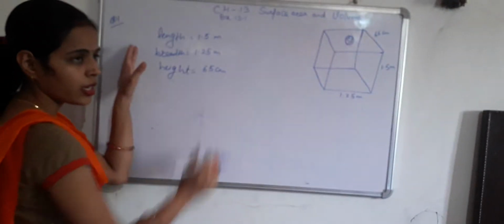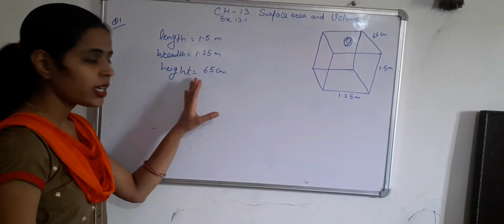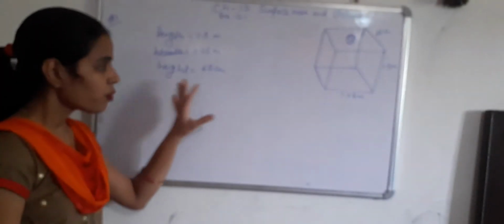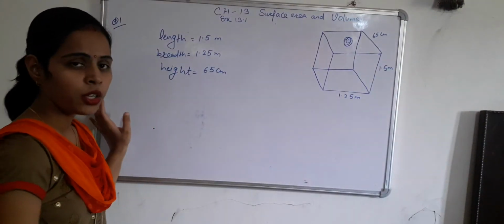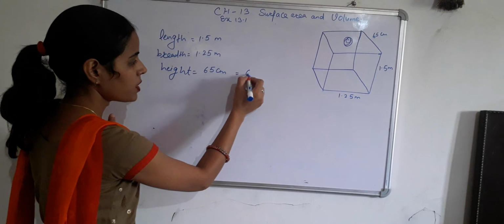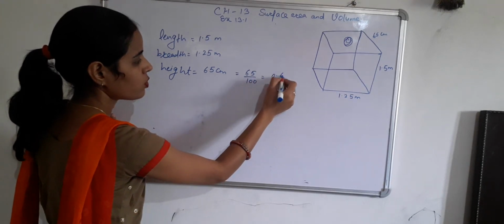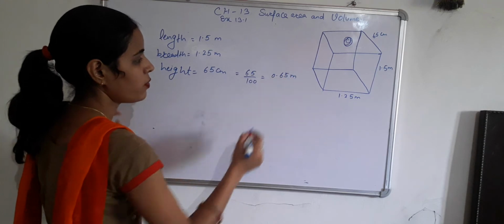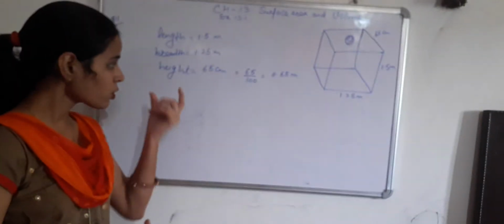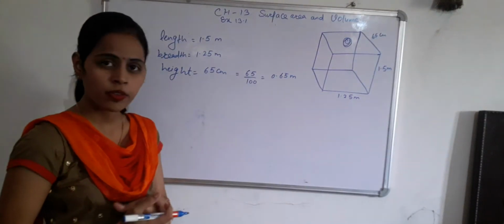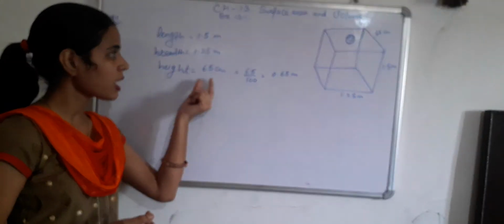Length and breadth are given in meter, but height is given in centimeter. First convert centimeter into meter. 65 centimeter equals to 65 upon 100 equals to 0.65 meter. So height equals to 0.65 meter. Now all the dimensions are in same units.